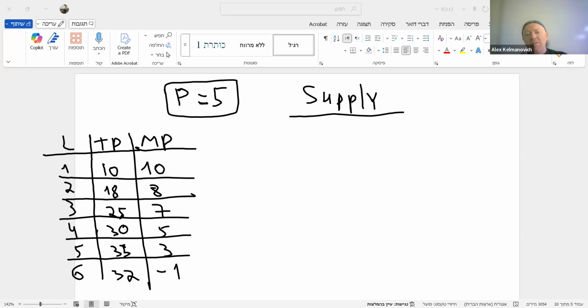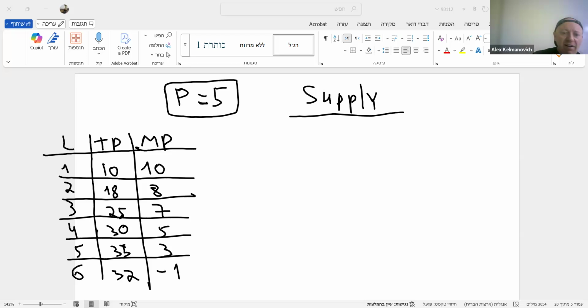The producer doesn't decide about the price of the product. The market decides for him. So if the market price is 5, he can sell it only for 5 shekels. Is this understood?